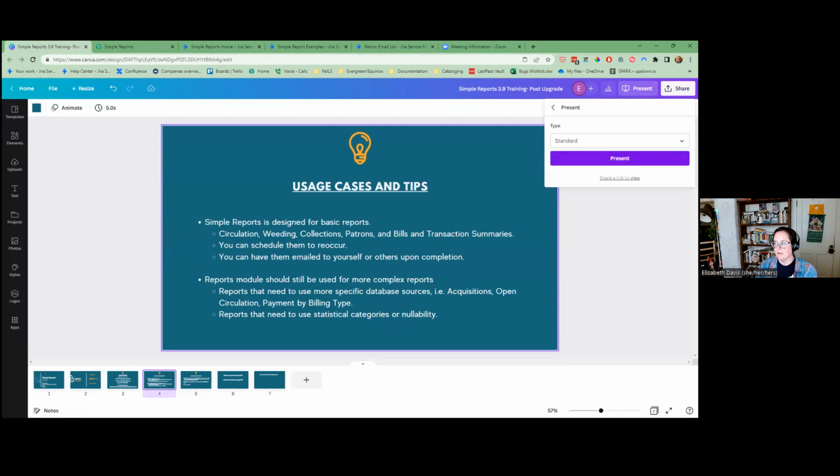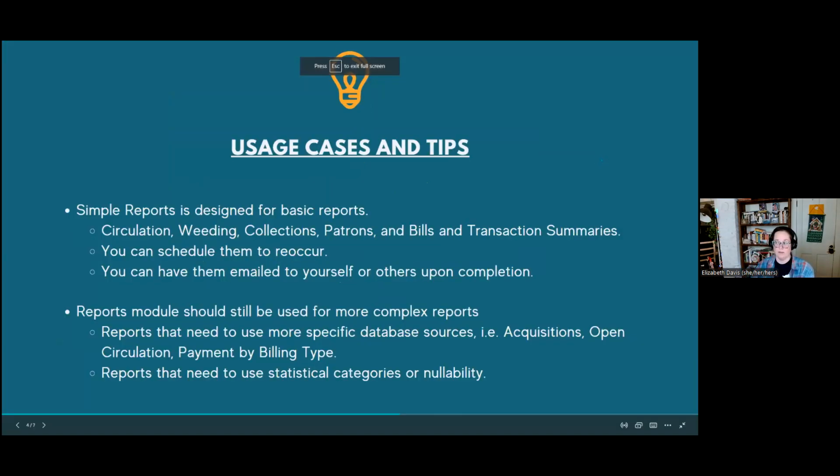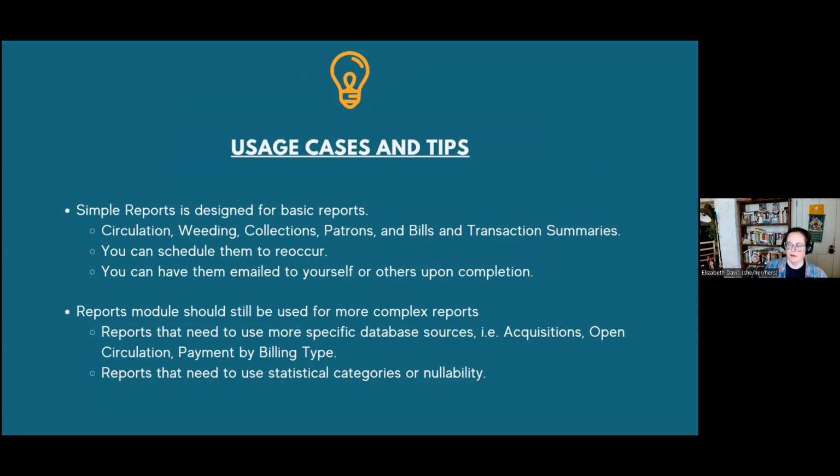Okay. While we wait, we'll go over some use cases for the simple reporter. I think we highlighted a lot of them during the demo, but this is specifically designed for basic circulation, weeding, collections, reports, patrons, and bills and transaction summaries. Anything more complex or needing specific data sources, like acquisitions, open circulations, or payments by bill type, will still need the full reports module, the traditional one.